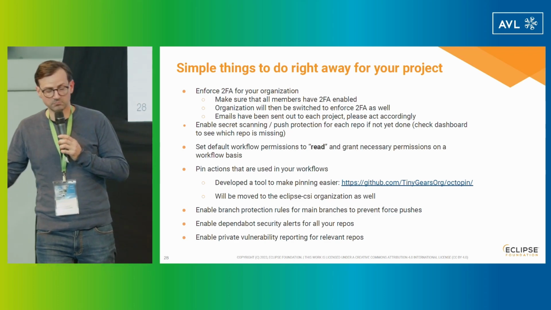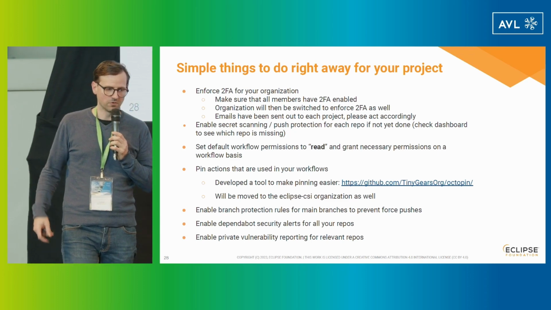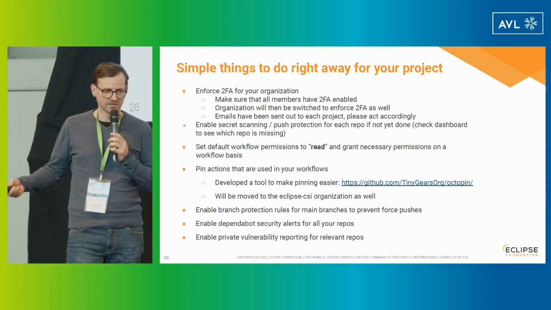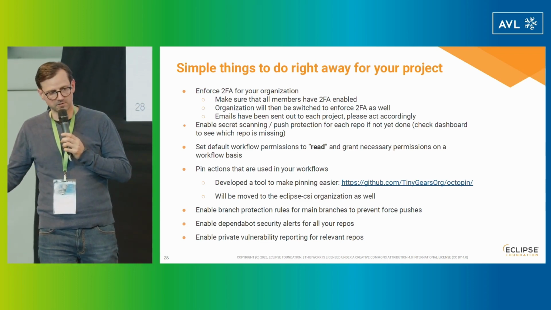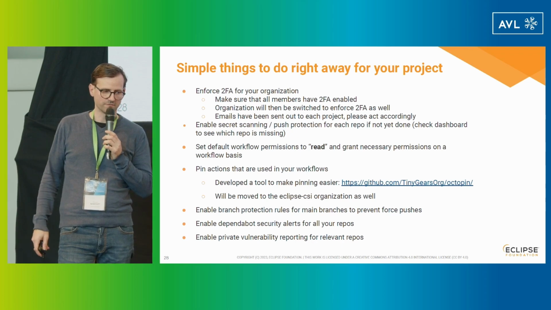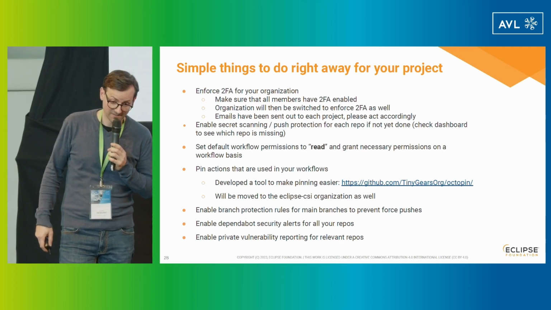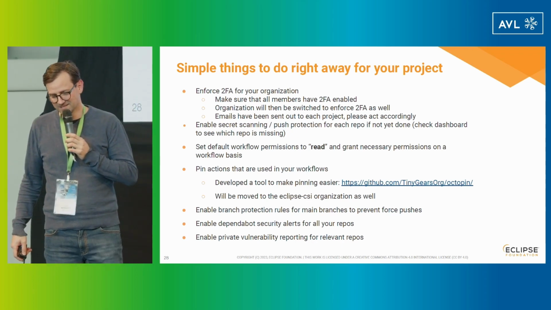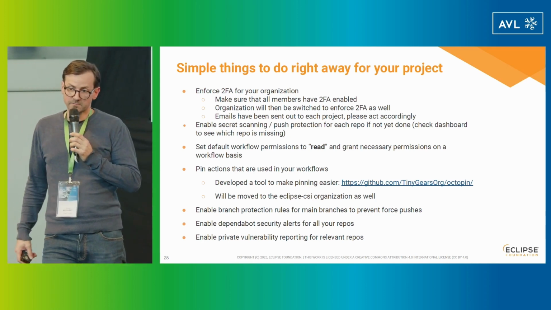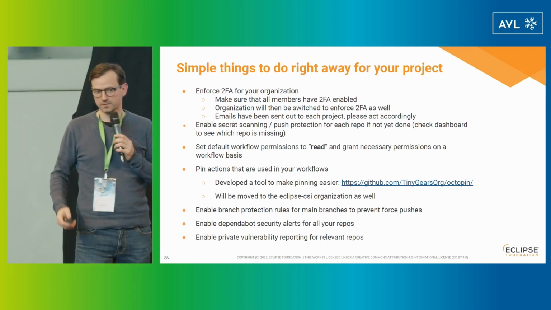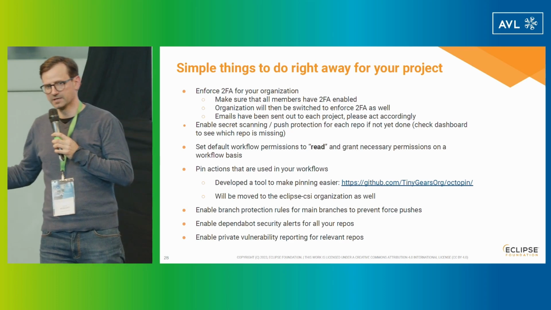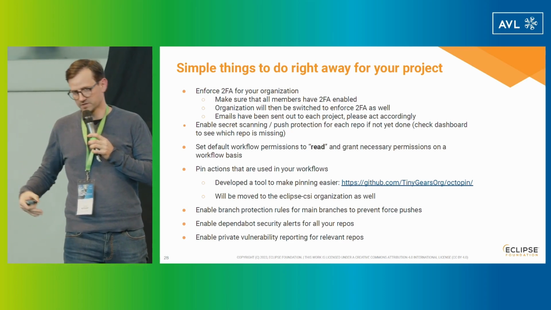Branch protection rules, we would like to enable that for all repositories at one point in time, mainly for preventing forced pushes, of course. But it's up to you, you can also enable other things that are important for you. One thing that is actually quite useful, in my opinion, is the ECA check. I don't know if you know, but by default, the ECA check is not enforced. The ECA check is automatically run for every pull request that is created, but it's simply for informational purposes.